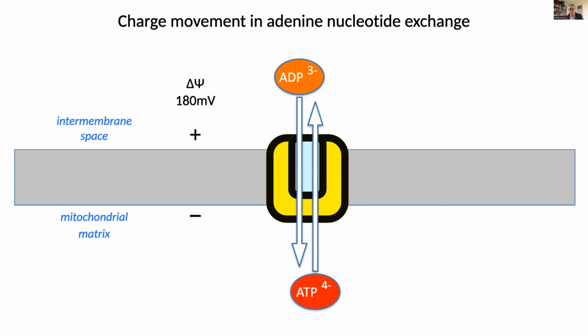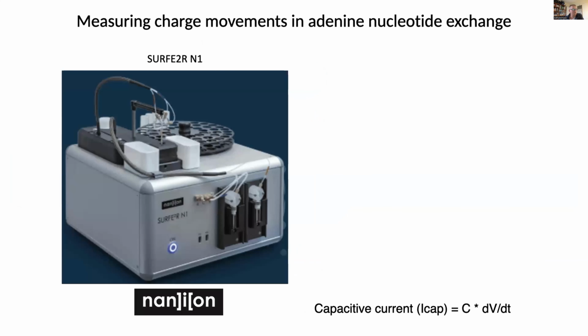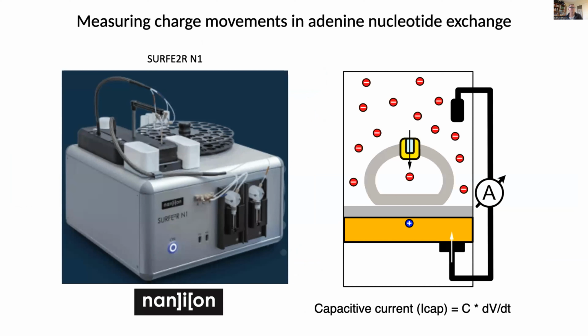And so in order to understand a bit better what these charge movements really do, we turned to the machine that was already introduced by Andre, called the SURFE2R N1, which we very gratefully had access to via this grant. Andre already explained how it works, but what it essentially does is you coat a gold electrode with a lipid membrane, and on that you position a huge number of vesicles that contain your transporter of interest.